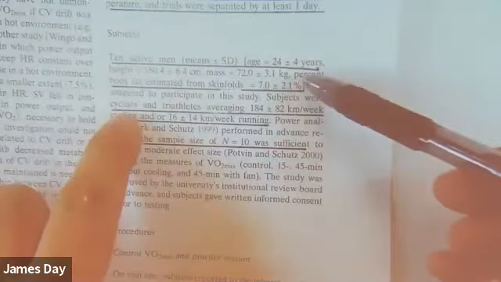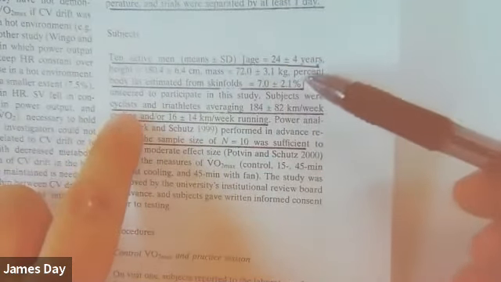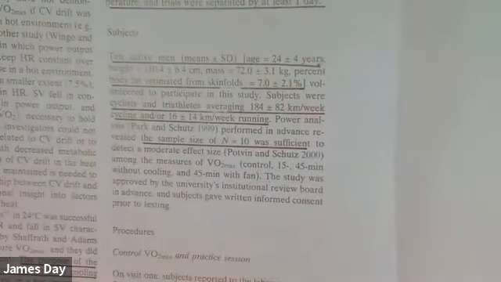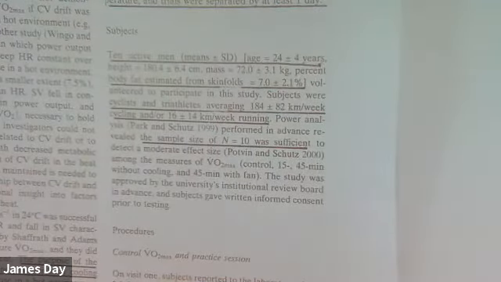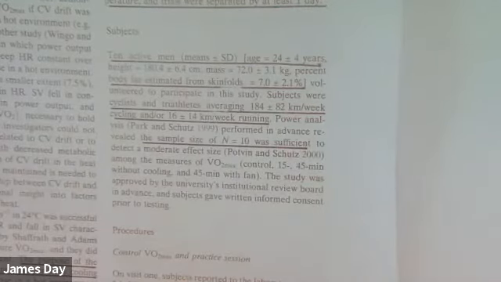We have 10 relatively young, active men. Participants also had relatively low body fat. And something about them being triathletes and participating in a significant amount of cycling or running per week.